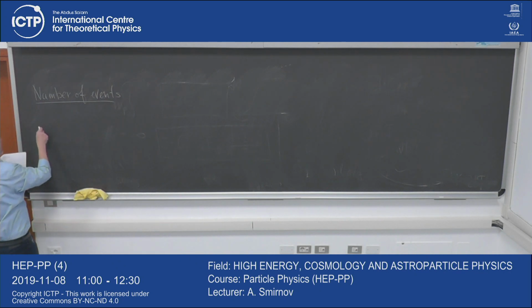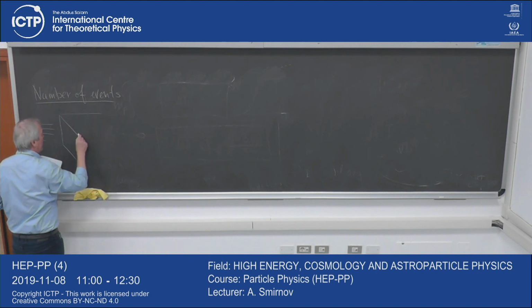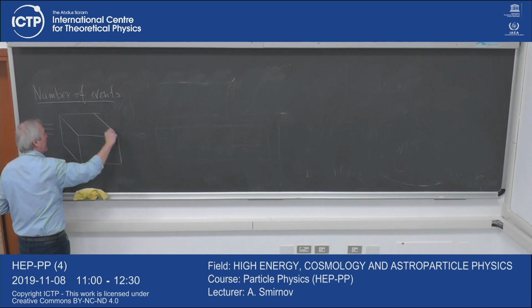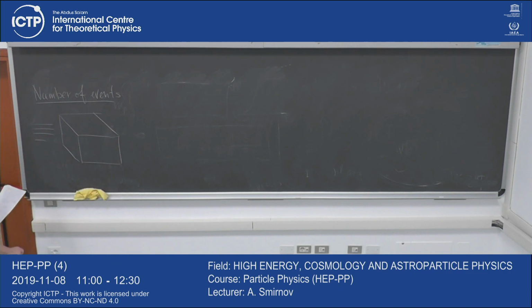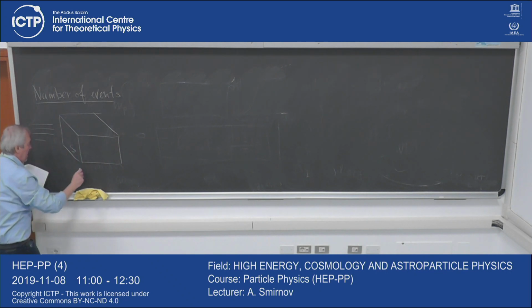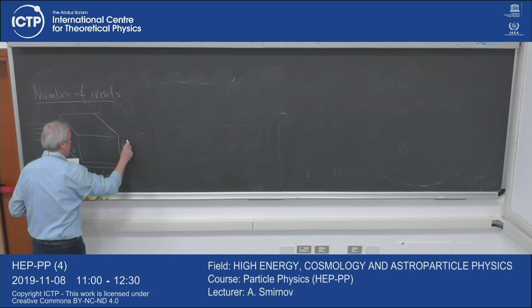Suppose you have a flux of neutrinos, since we discuss neutrinos, which hits the detector. For simplicity, we'll consider a detector of this form, and it has area S, length L, and density n.